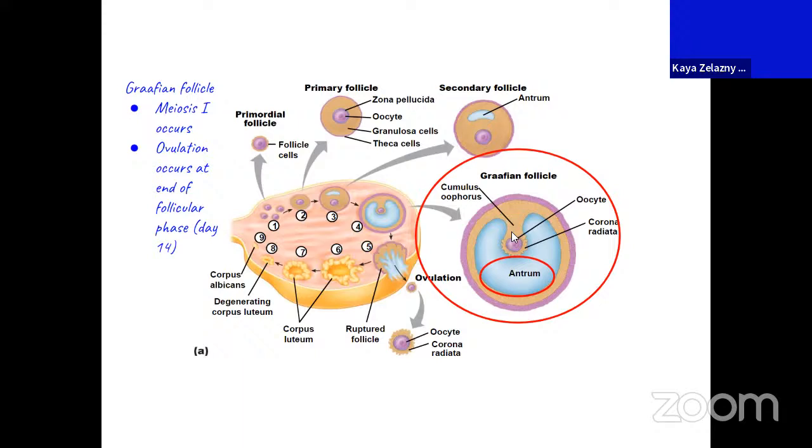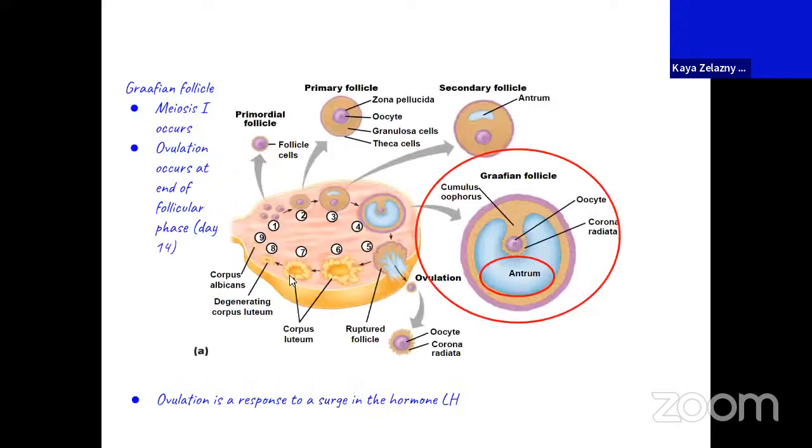And then at the very end of this follicular phase, we see a spike in hormones that leads to triggering ovulation. This is around day 14. So this antrum is going to burst when we have the surge in LH. Whoop.